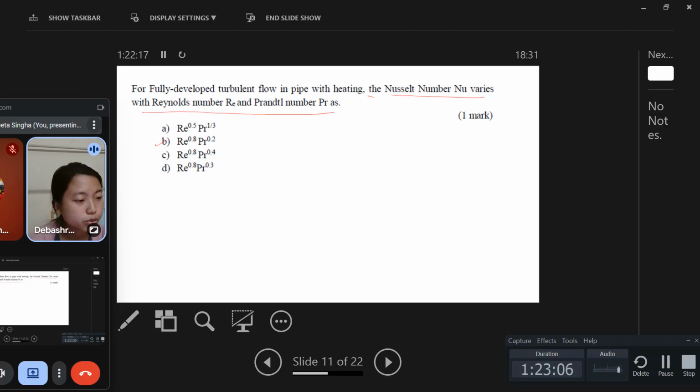For turbulent flow, you need to know this, for which case. For laminar flow it is something else, for turbulent flow it is something else. So you need to know under which condition you are finding out. So that is very important.